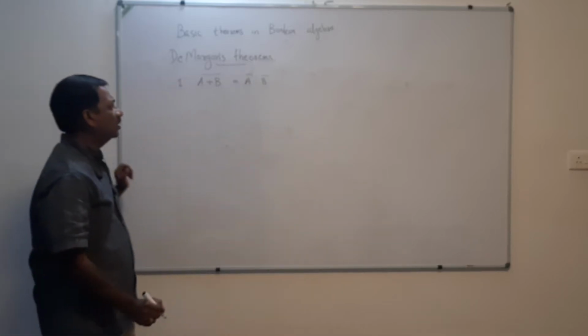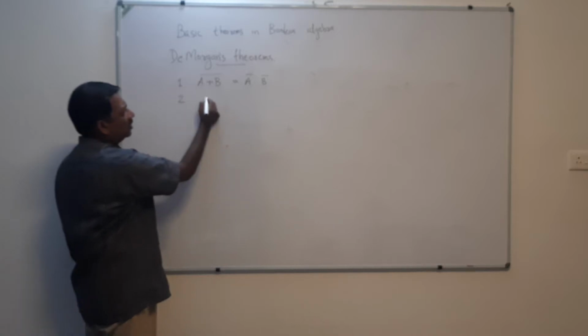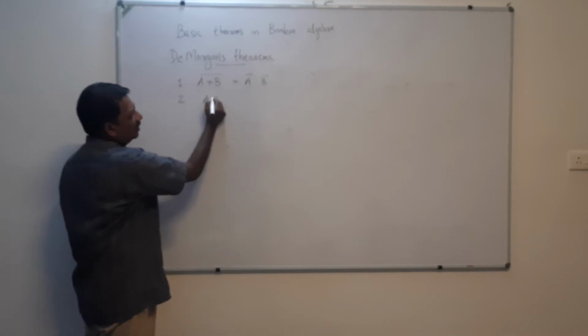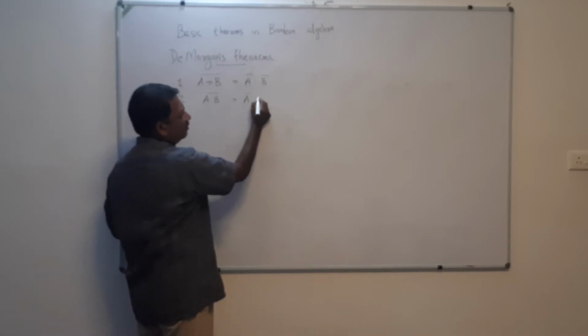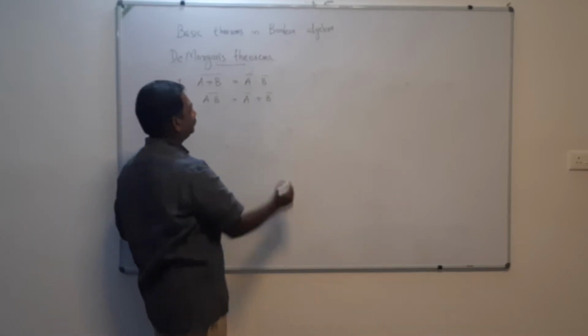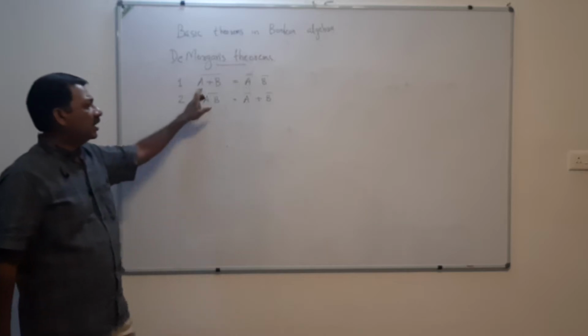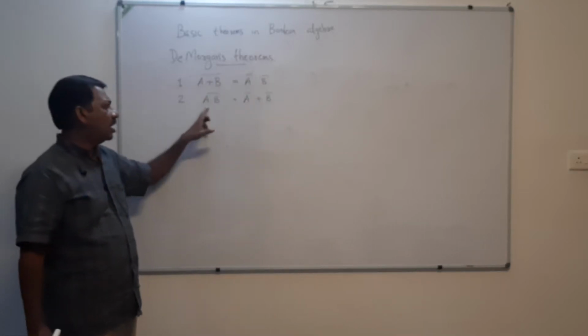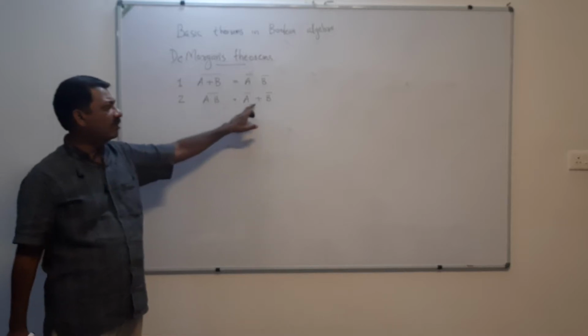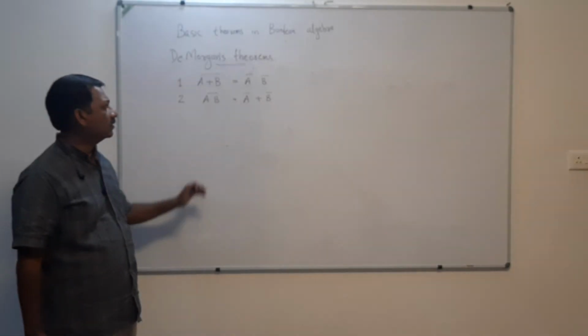And the second one: A dot B the whole bar is equal to A bar plus B bar.